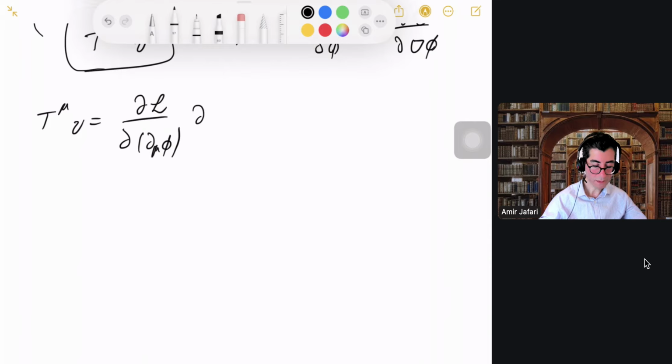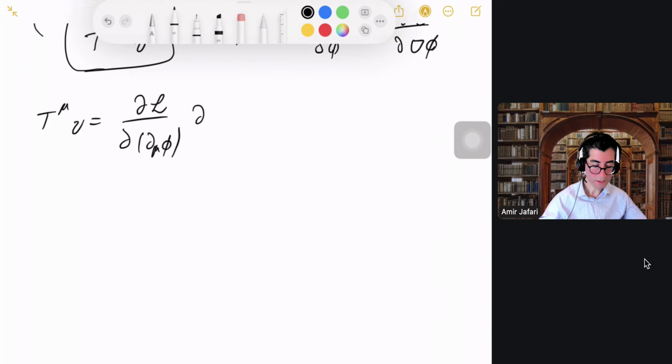And the momentum of the field would be defined in terms of the 0th component of this tensor, and it gives you, let's write this as, pi x. Okay, if you write this component of the stress-energy tensor, you're going to get this expression here.